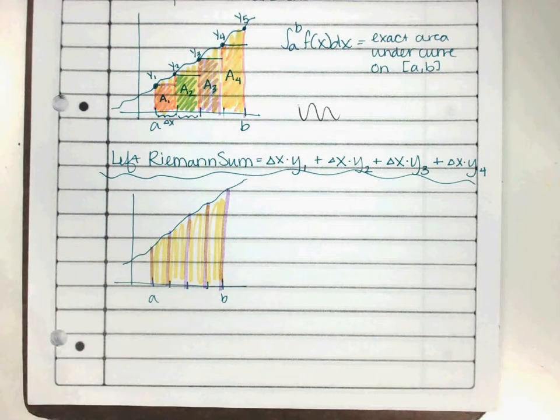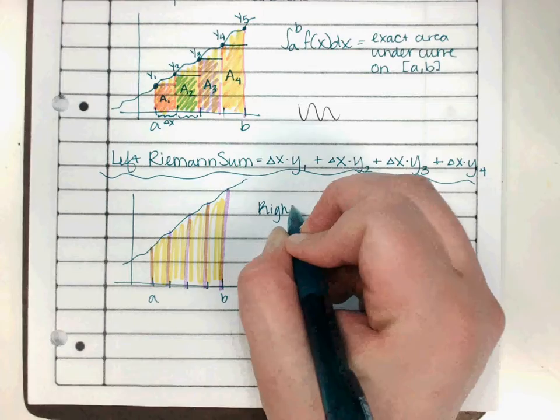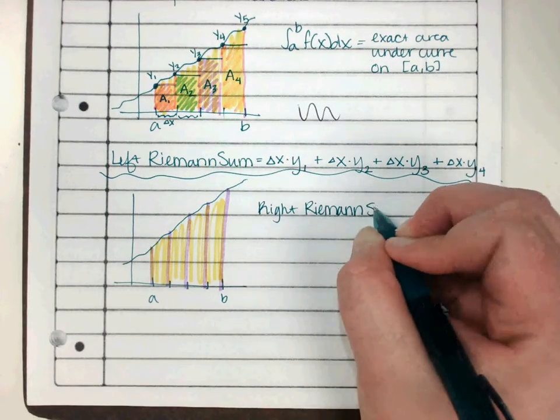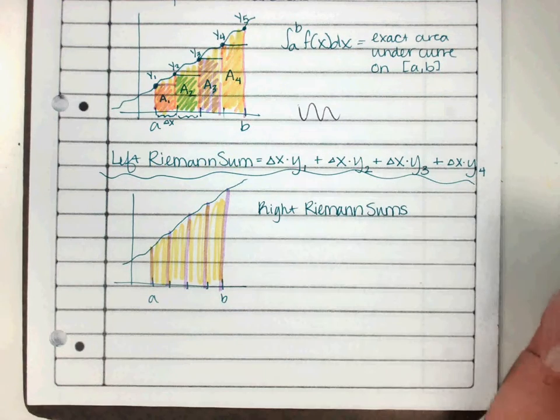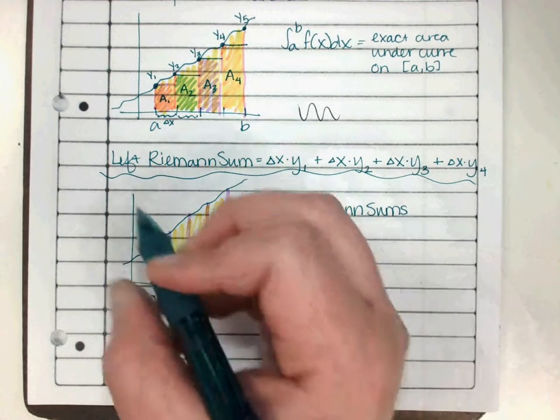Now, for each of those rectangles, if it's a right Riemann sum, what do you guess is going to be different? Instead of using the y value on the left, I'm going to use the y value on the right. So let's go ahead and label them.